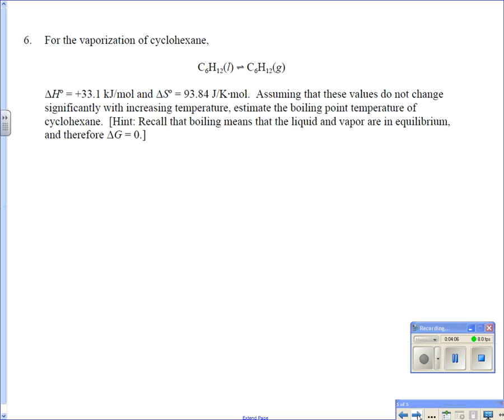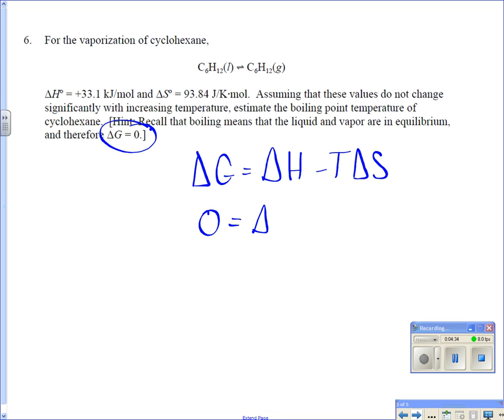So the next question says, now we have this, and this is a very interesting thing in that during a phase change, a boiling point, a melting point, delta G is considered at equilibrium or zero. Well, that makes it very nice because look what we can do with this formula. Delta G is equal to delta H minus T delta S. Well, if delta G is 0, that allows us to solve for temperature.